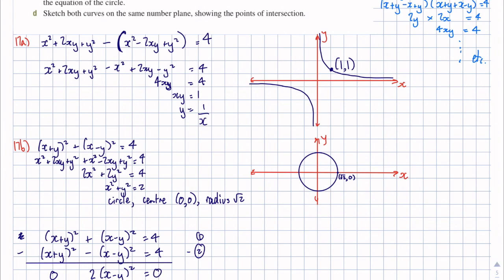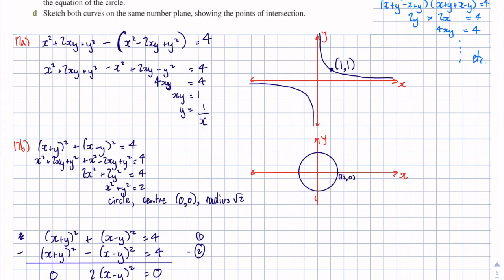Divide both sides by 2, I get x take y squared equals 0. Square root both sides, I get x take y equals 0. Rearrange, I get y equals x, or x equals y, it doesn't matter. So they meet when the x-coordinate is the same as the y-coordinate.